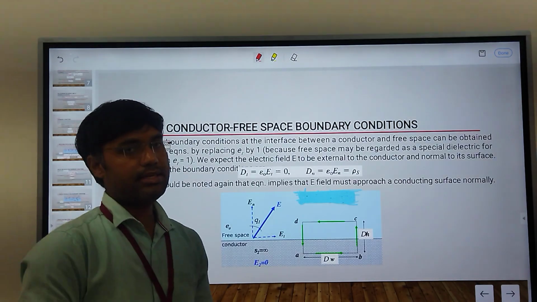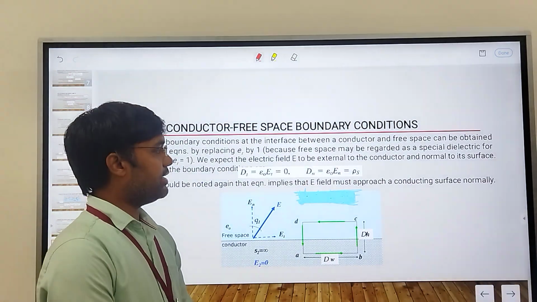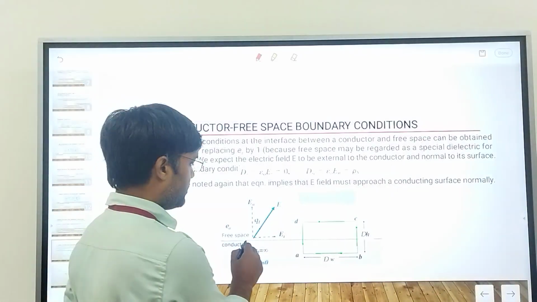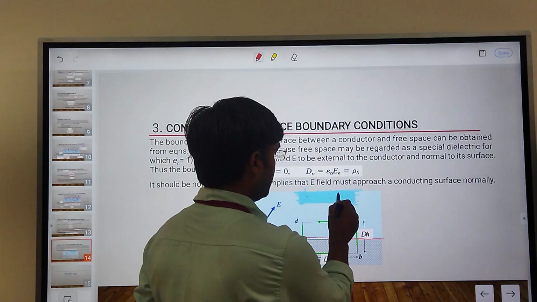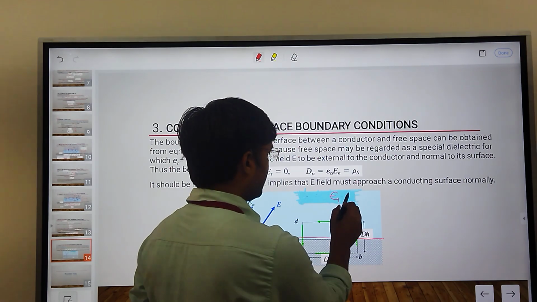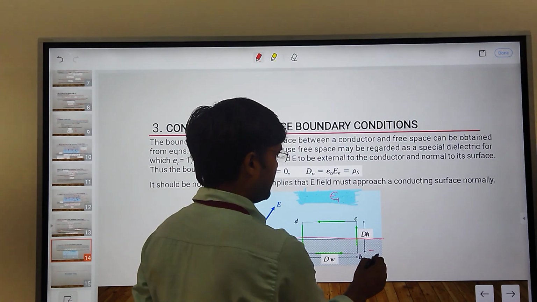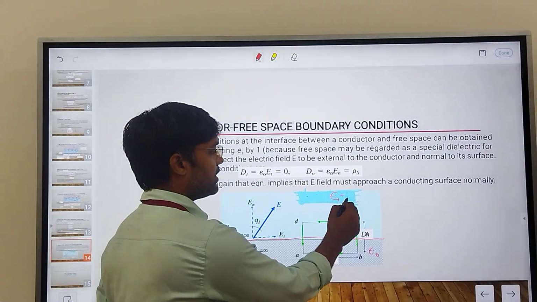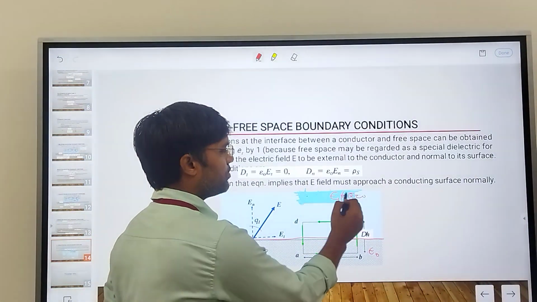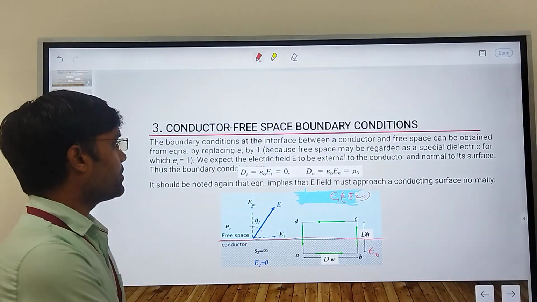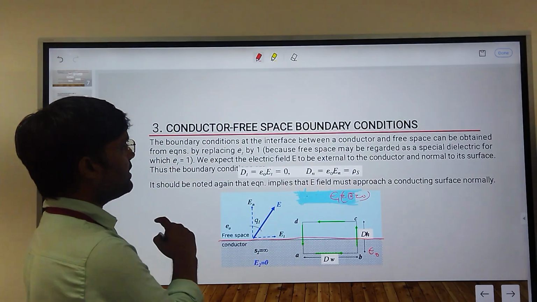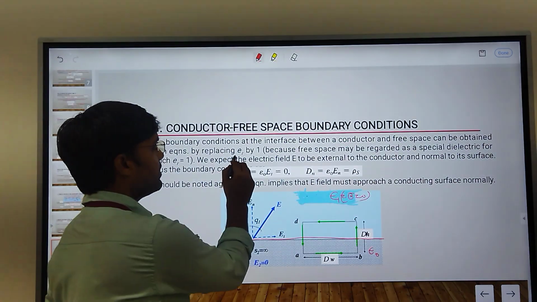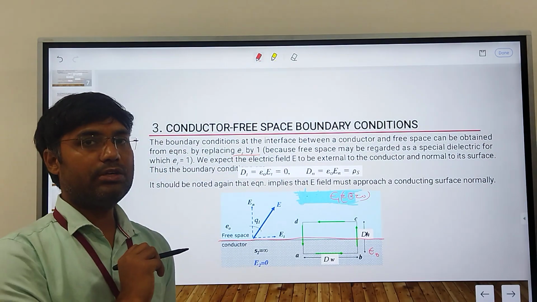So the third case is when there is a conductor on one side and free space on the other side. In free space, epsilon naught applies, and in the conductor, E equals 0, as we discussed earlier. So the boundary condition at the interface between a conductor and free space can be obtained by replacing the relative permittivity with 1.